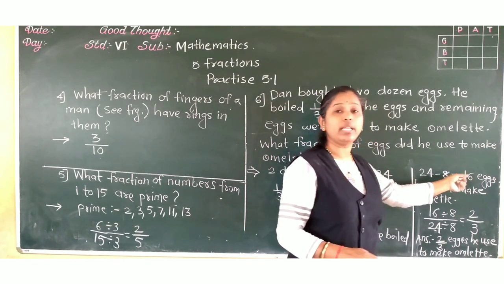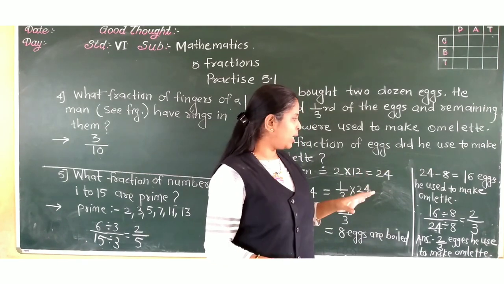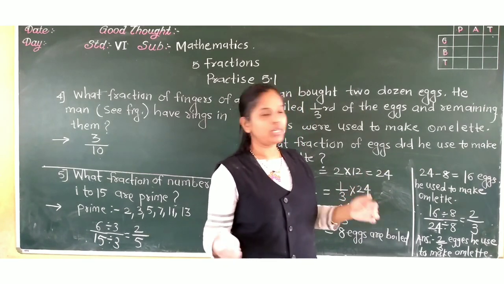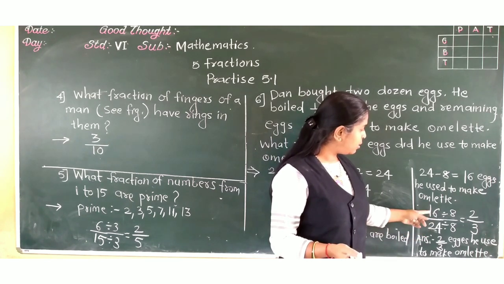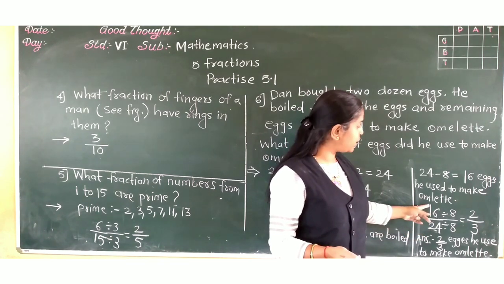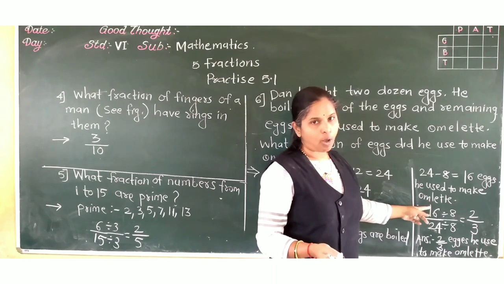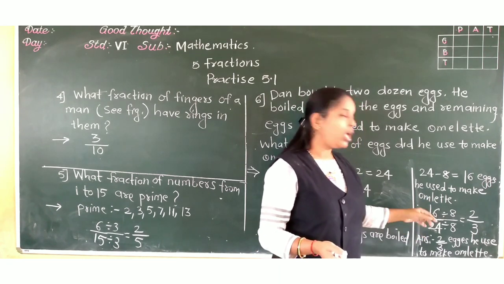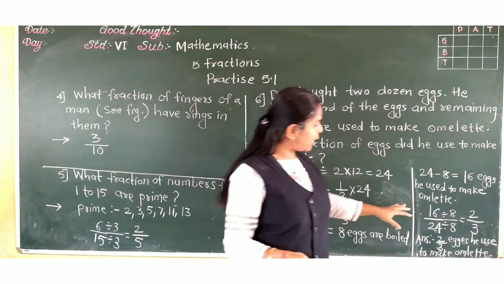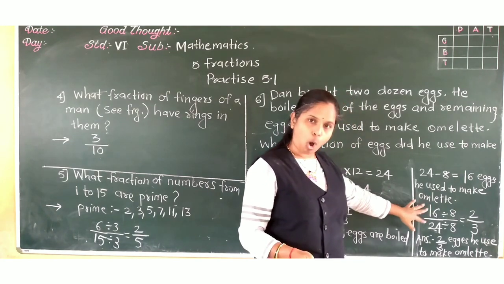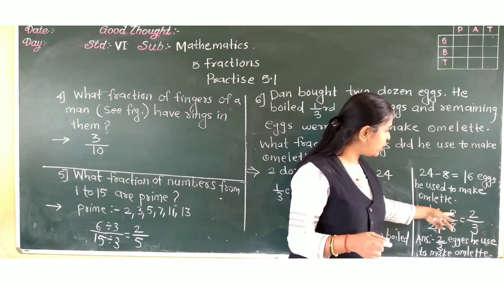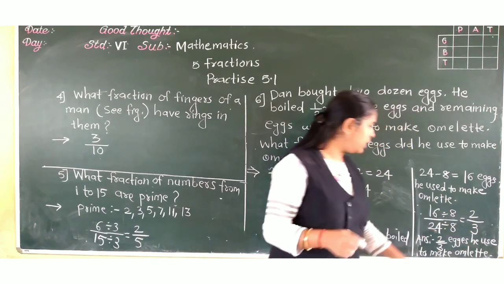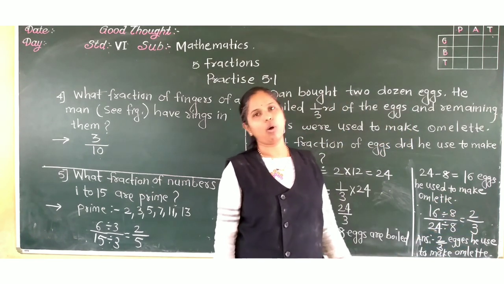That is 16 eggs he used to make omelette. So how to write the fraction? Total number of eggs, and 16 eggs he used for omelette. So 16 upon 24. Now you can keep this also as an answer, or now both 16 and 24 come in 8's table. So divide. That is 2 upon 3 of the eggs he used to make omelette.